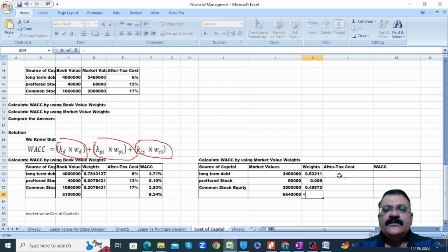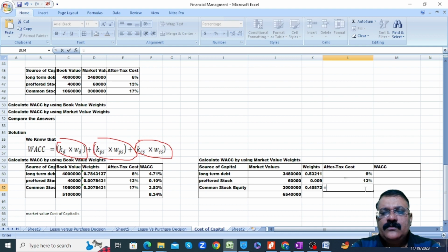Now after tax cost has been already given in our question data set, that is the 6% after tax cost of debt which is given. We have no need to compute it like in the prior question.